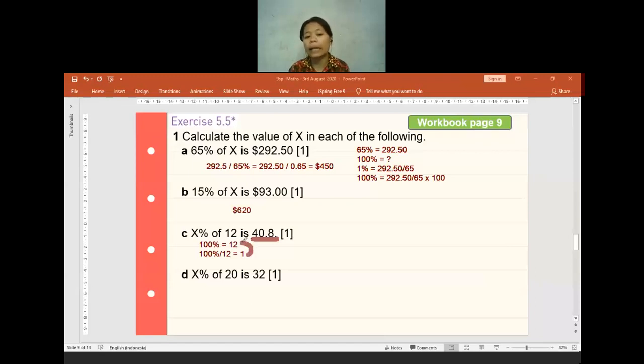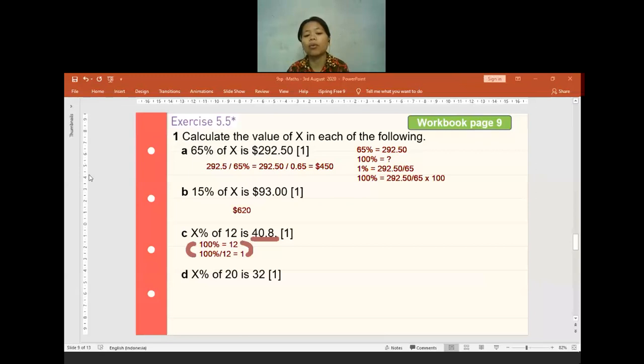To get 1 from 12, I need to divide it by 12. That's why the 100% I also need to divide by 12. Just keep it as a fraction. So 1 will be equal to 100% divided by 12.